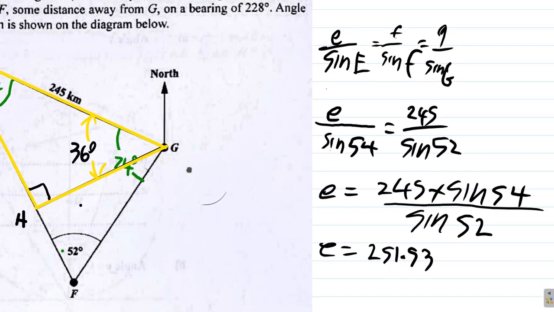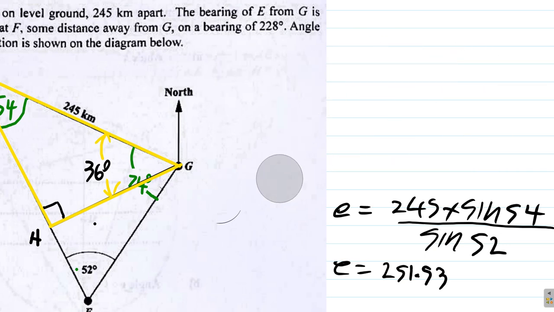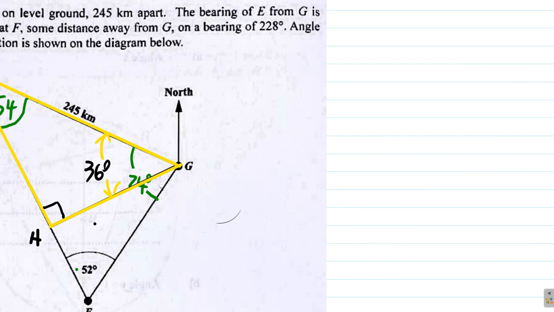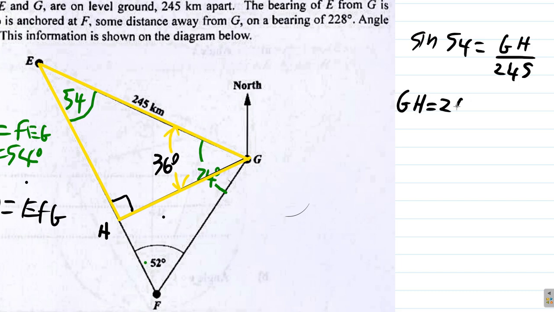So in this case, you would not have to worry about using the cosine rule, because you now have a right angle triangle. So you say sine 54 degrees is equal to the opposite GH over the hypotenuse 245. So GH is equal to 245 sine 54.